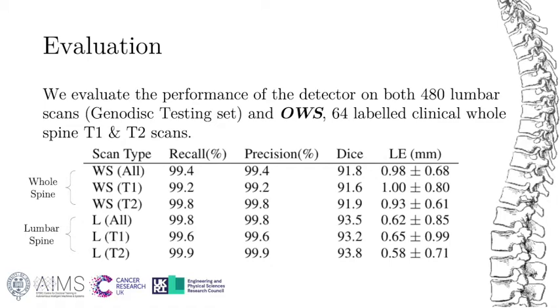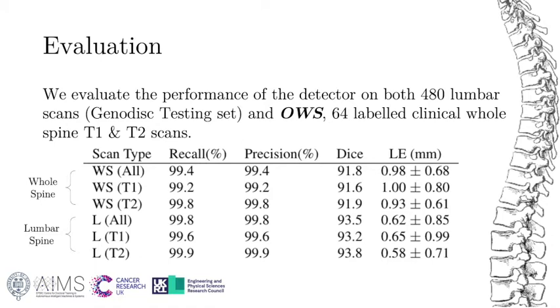We also report the localization error, which is the average distance between the centroids of the predicted bounding box and the ground truth bounding box. To show that the corners detected by the network match highly with those predicted by the radiologist, we also report the dice score of the overlap between the two quadrilaterals.